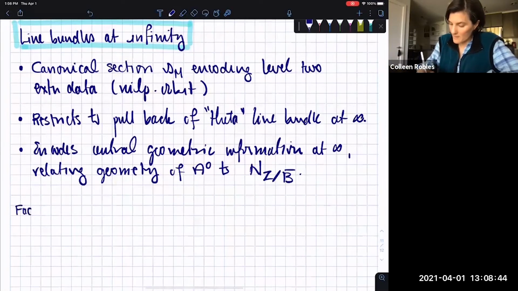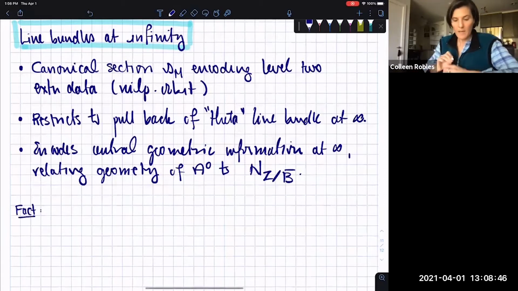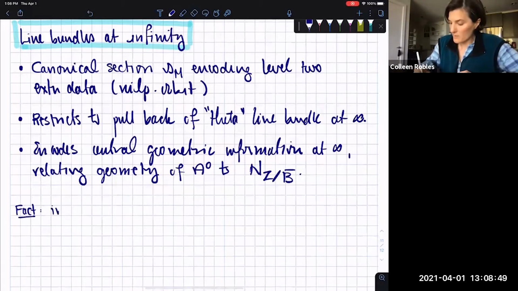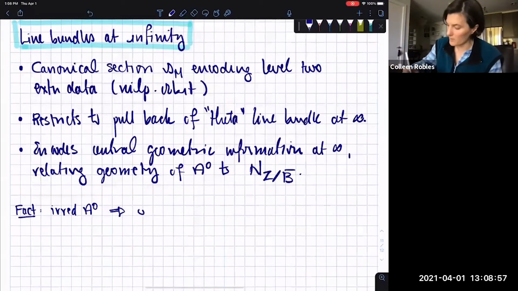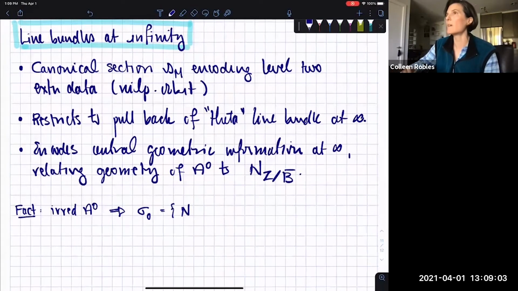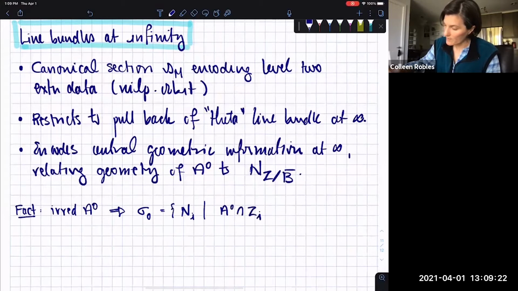So the first fact to mention here is that since we're assuming that A naught is irreducible, that implies that there is a cone, which I'll call sigma naught, and this is going to consist of all of the N_i with the property that the fiber intersects the strata Z_i.